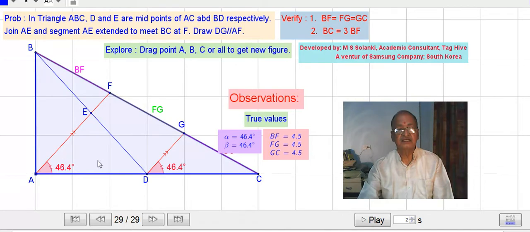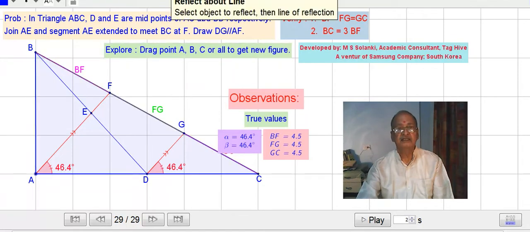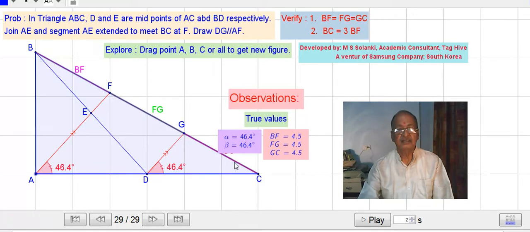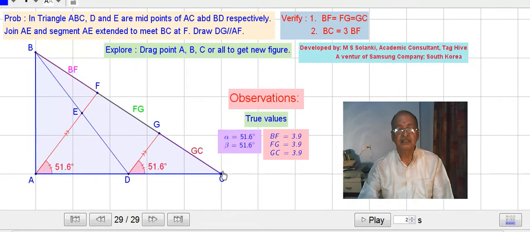Now this angle CAB is about 90 degree. Now again at this stage we can see that these values are equal. Here you can see these two values are equal, these segments are also equal.